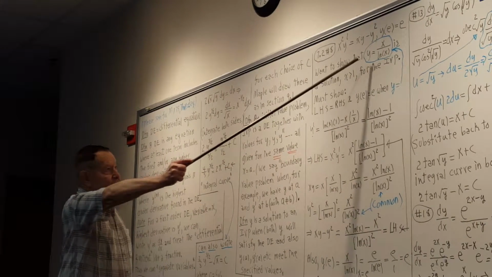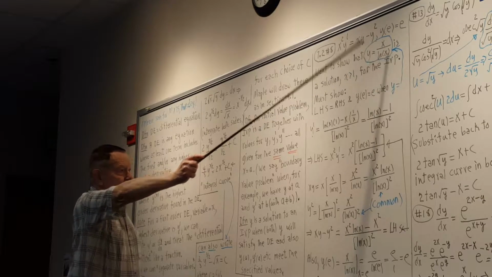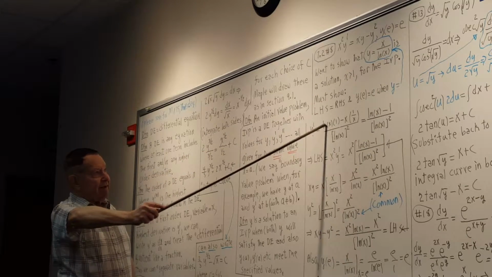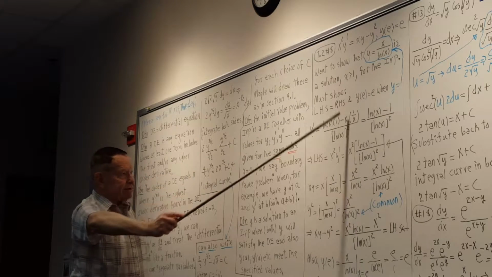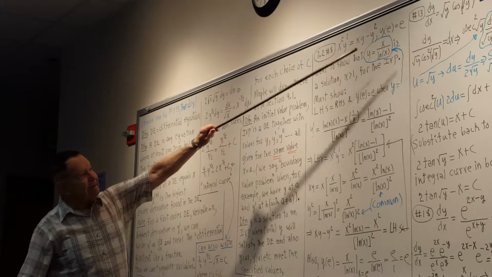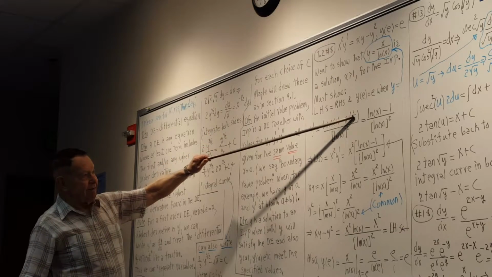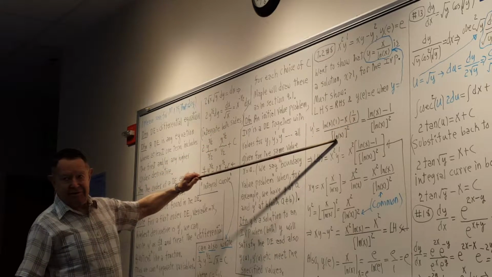Okay, so if you do Y prime, you have quotient rule. Denominator times the derivative of the numerator minus the numerator times the derivative of the denominator, over denominator squared, right?